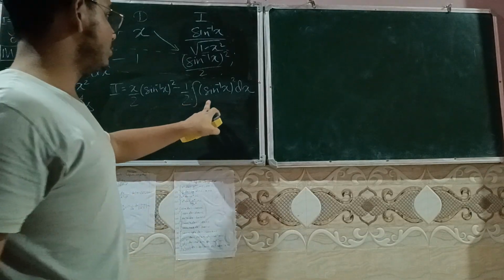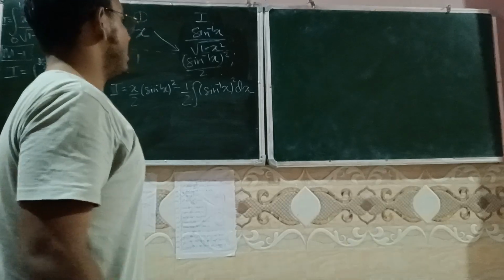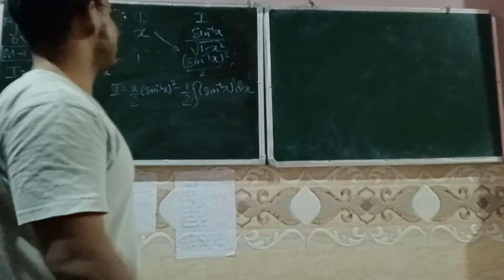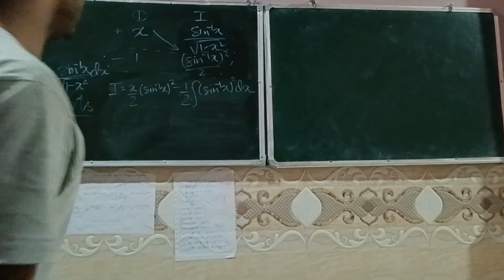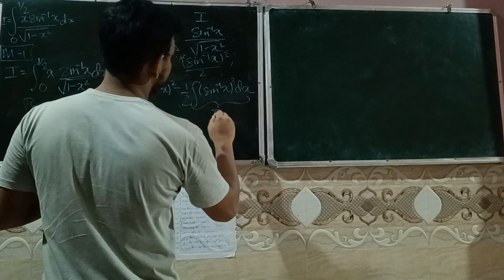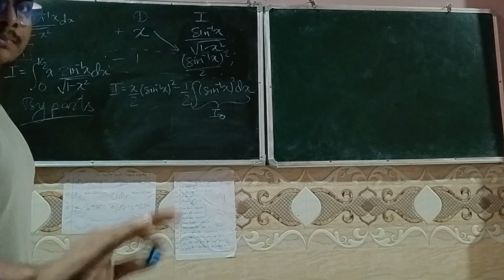But we cannot get the answer without doing something with this, so we have to do something with it. Let me assume it as I naught. I hope you don't mind.